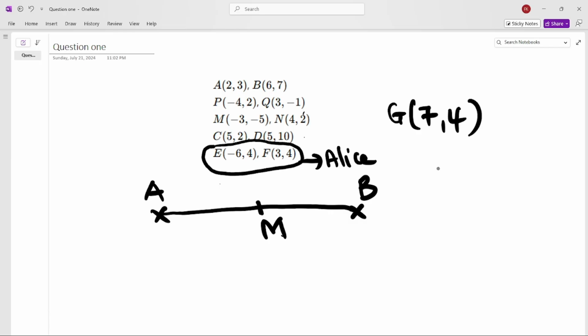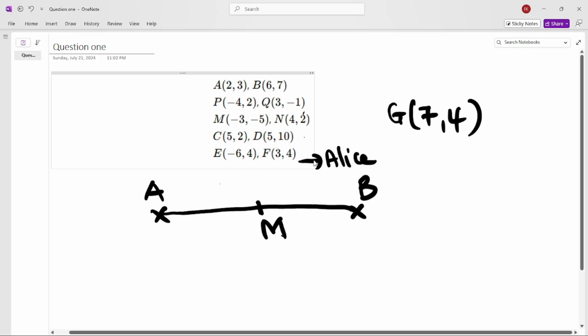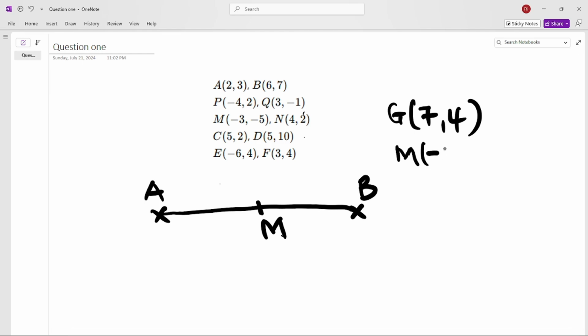Okay, let's confirm that. Is that what you got? You also try it. Is that correct? Yes, sir. But I got M into bracket negative 3 over 2 and 4. Okay, let's confirm. Alice, tell me how you went about it.